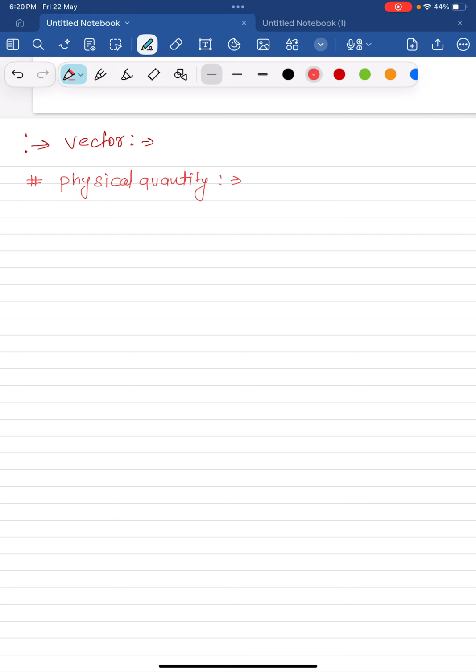These physical quantities are classified into two types. The first type is vector quantity and the second type is scalar quantity.